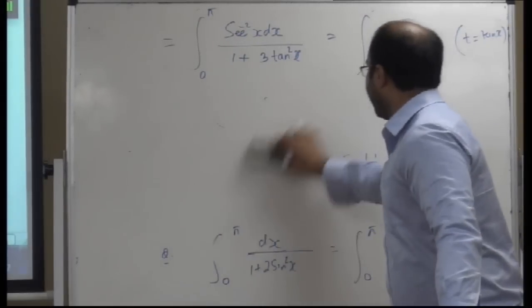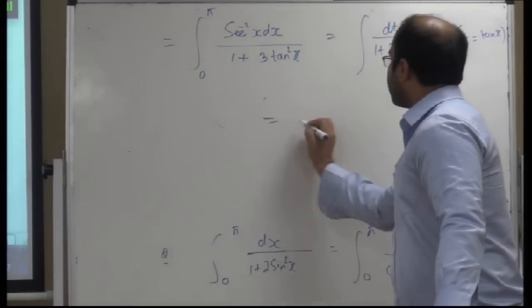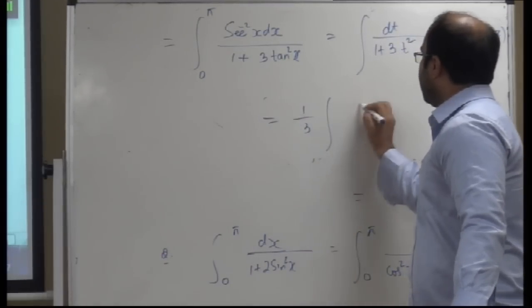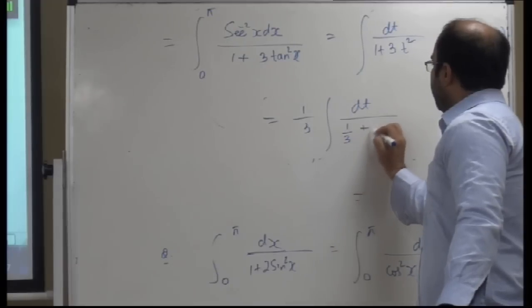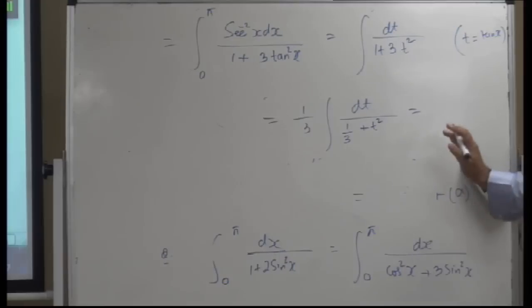And we are saying that this would become, in the next step, 1 upon 3 dt by 1 by 3 plus t square. Now this is the direct formula of 1 by a tan inverse x by a.